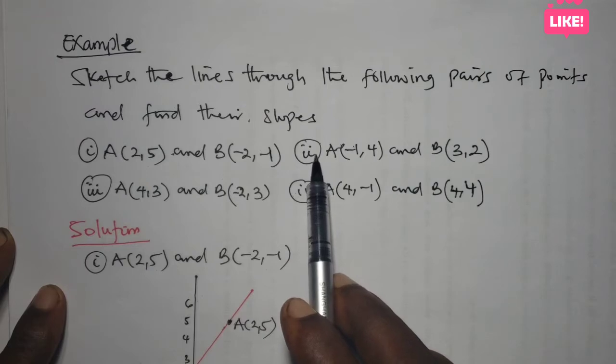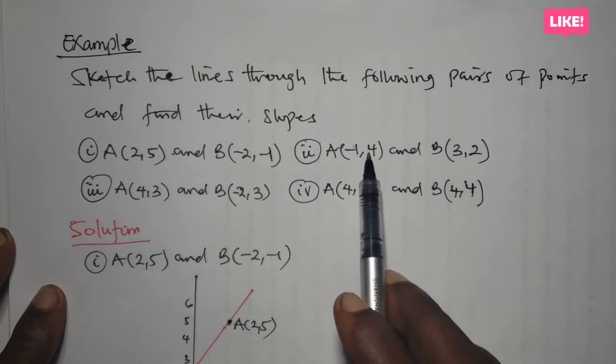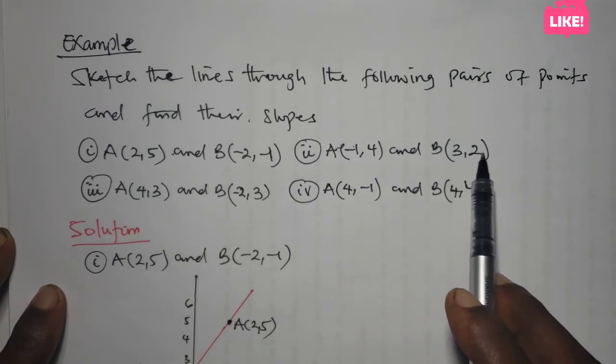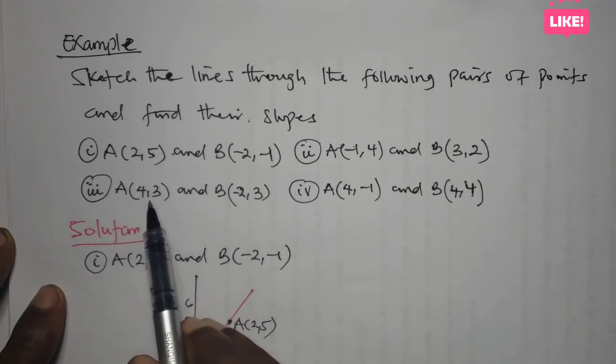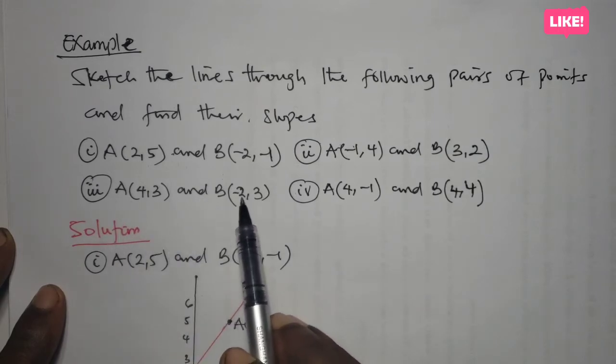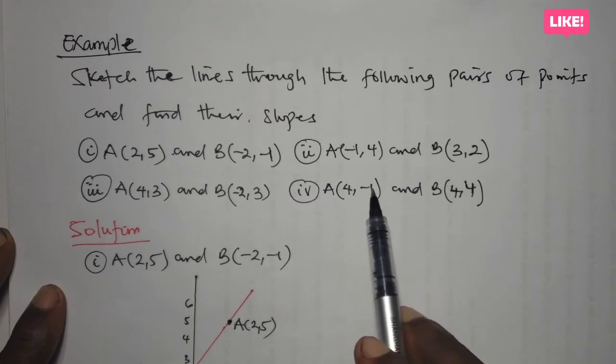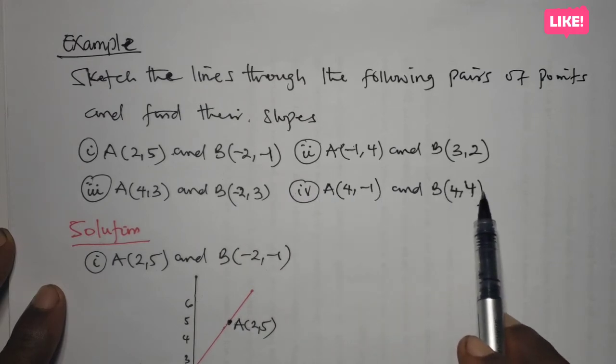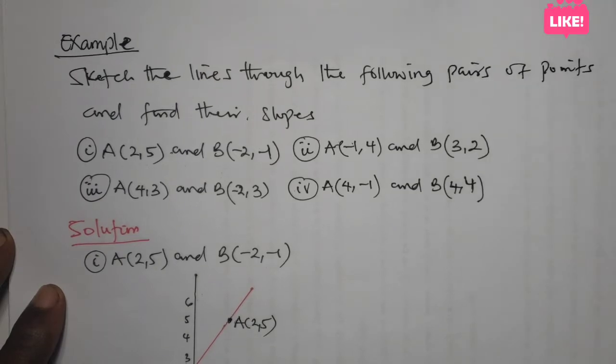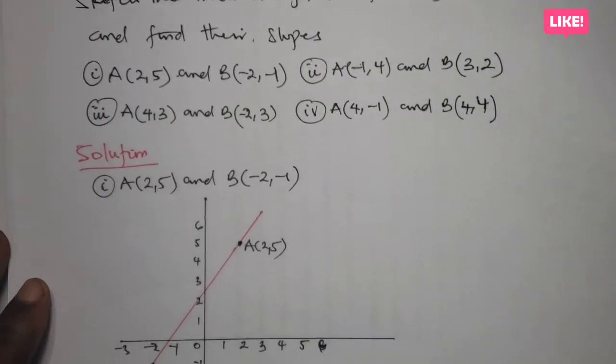The second pair, A (-1, 4), B (3, 2). The third pair, A (4, 3), B (-2, 3). And the fourth pair, A (4, -1) and B (4, 4). So we shall look at each of them.